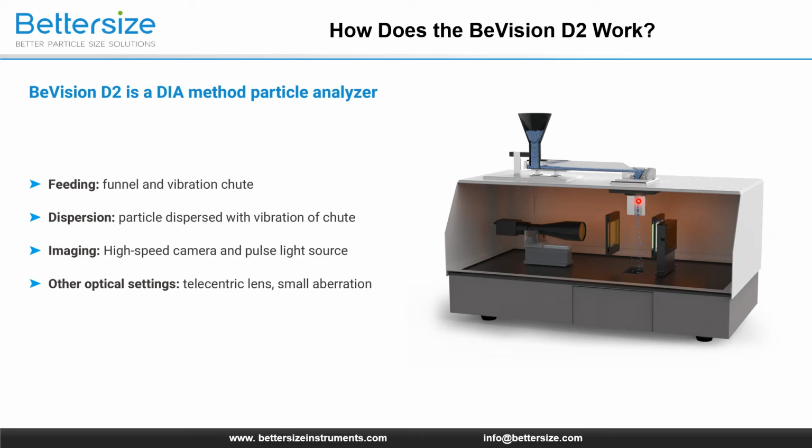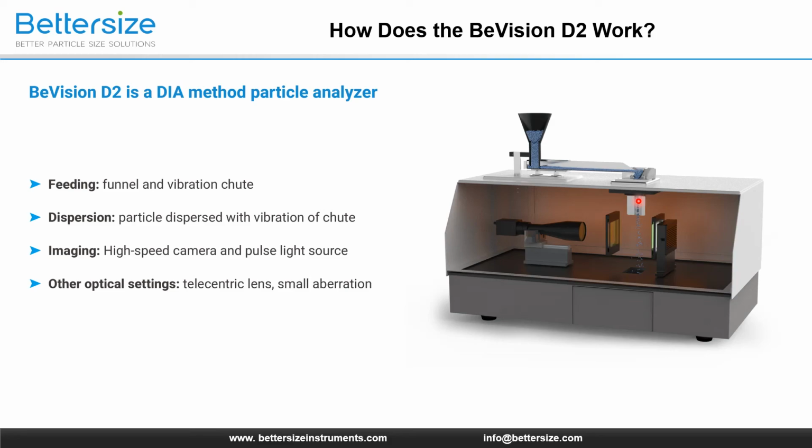The customizable coating material for the funnel and chute can effectively prevent particles from sticking to the wall. The size of the funnel and chute are also customizable based on the requirements, permitting the Bevision D2 to hold an appropriate volume of samples.